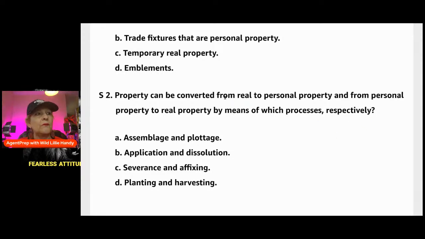So from real to personal and from personal to real, in that order. When you select the answer, make sure you're converting first from real to personal and then personal to real. A, assemblage and plottage. B, application and dissolution. C, severance and affixing. Or D, planting and harvesting.